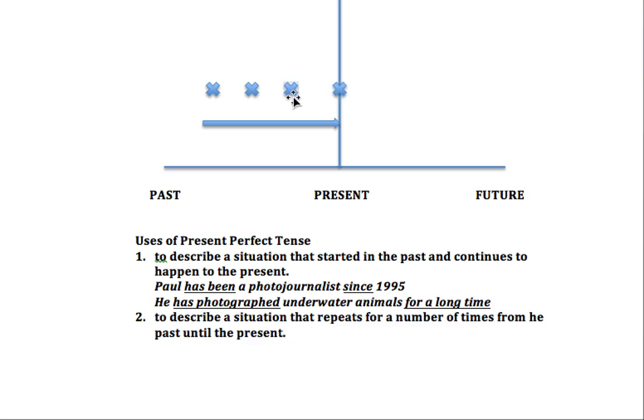If you take a look at the notes, the example given in textbook page 41, some of the examples are: Paul has gone to the Arctic many times.